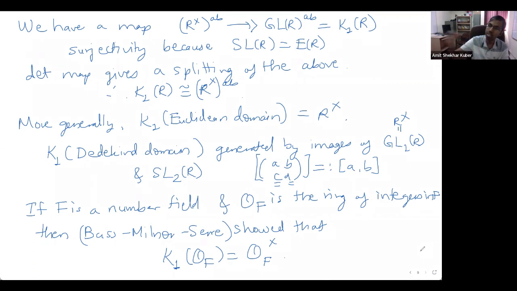Like cutting out some trivial part, just like SK1 over group rings, he quotiented out by a trivial part, and whatever remains is called the Whitehead group of the group G. It is K1 of ZG modulo the group generated by the elements of G itself. That Whitehead group is important in topology, but I'm not going to talk about that.